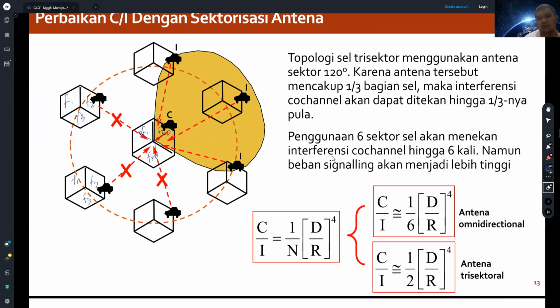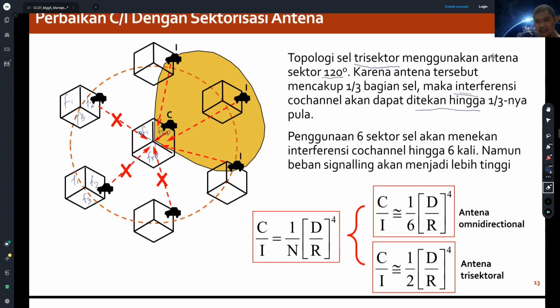Now, using what we call a 3-sectoral, with the antenna sector equal to 120 degrees, we could make the interference lesser, or the co-channel interference could be suppressed up to 1/3 of its value. So using the sectoral concept, we could suppress the value of the co-channel interference.